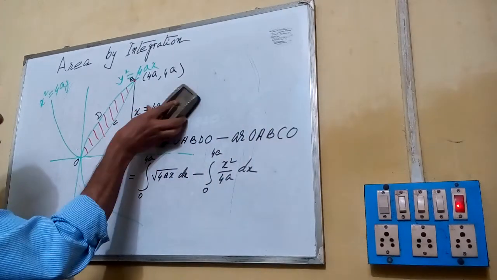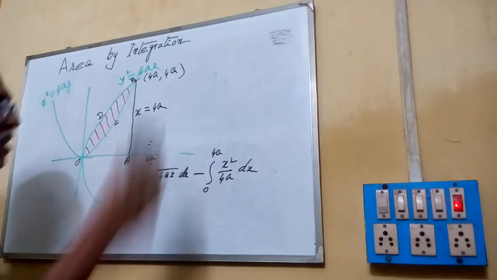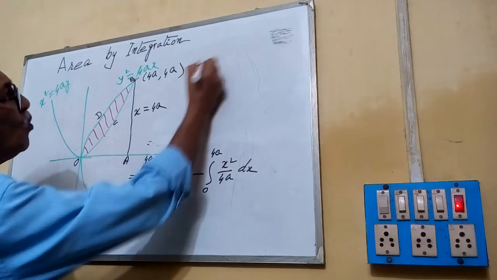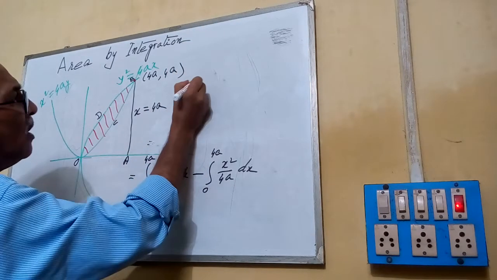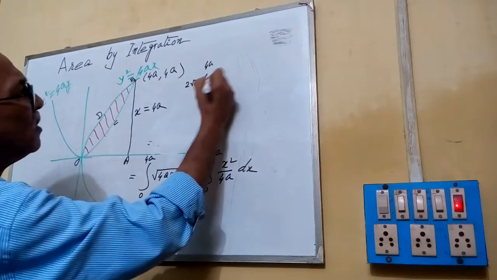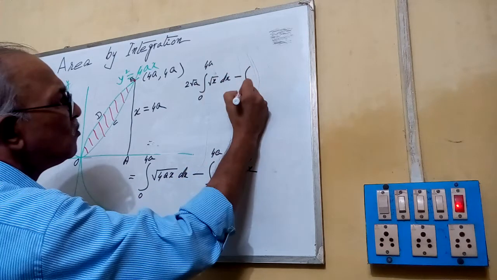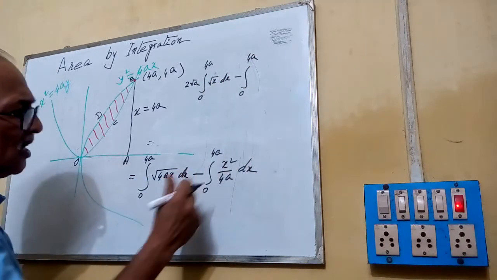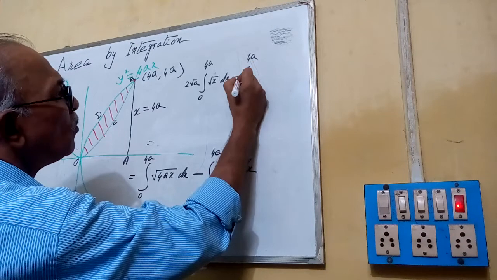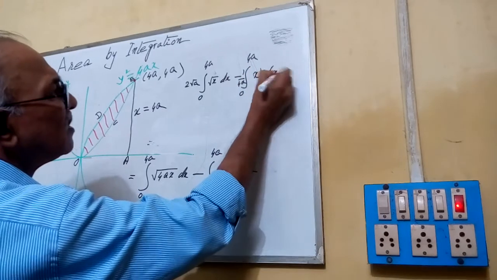So see this one, 2 root a comes outside, from 0 to 4a, it is root x dx, minus the integral from 0 to 4a, here 1 by 4a comes outside, x square dx.